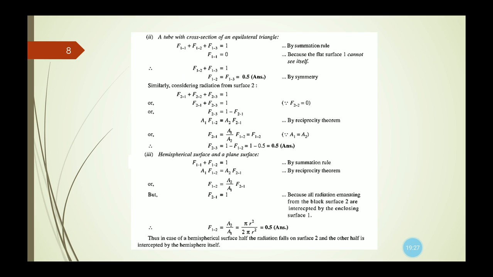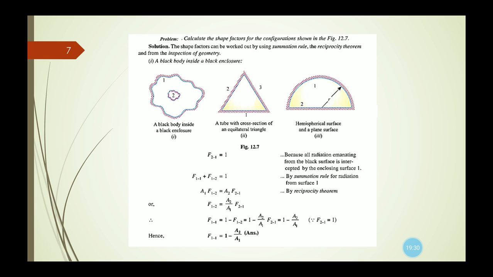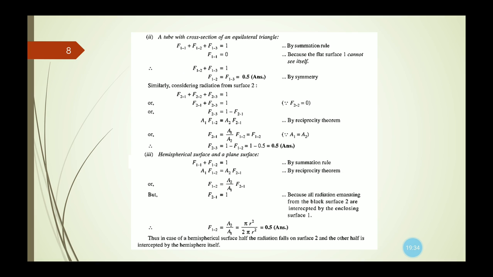Now for the second case, a tube with a cross section of an equilateral triangle is given. In that case, by the summation rule, we can write F11 plus F12 plus F13 is equal to 1. It is because the flat surface 1 cannot see itself, so F11 is equal to 0.